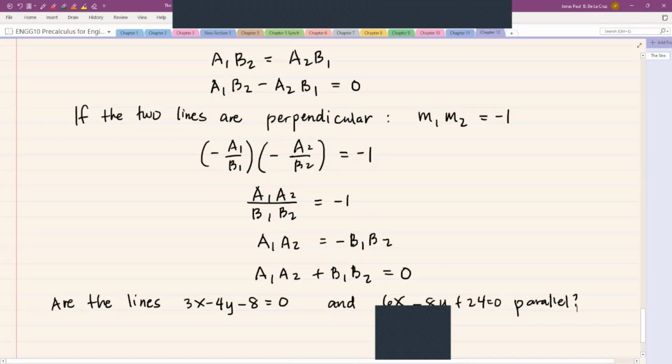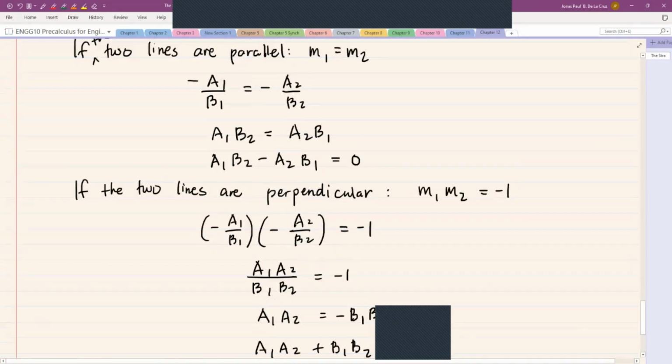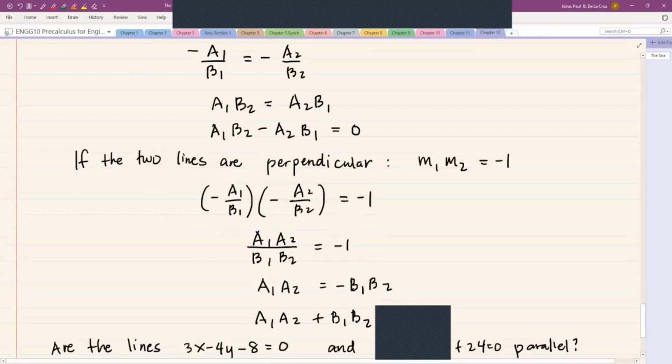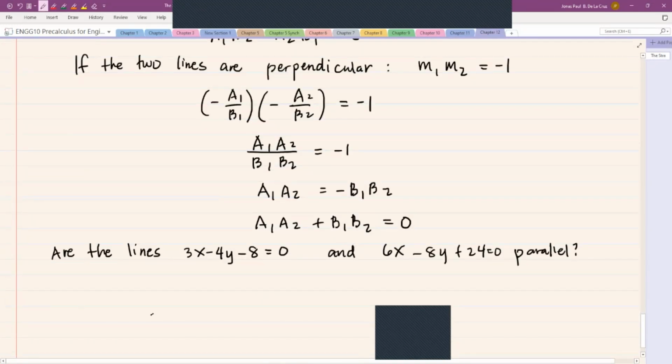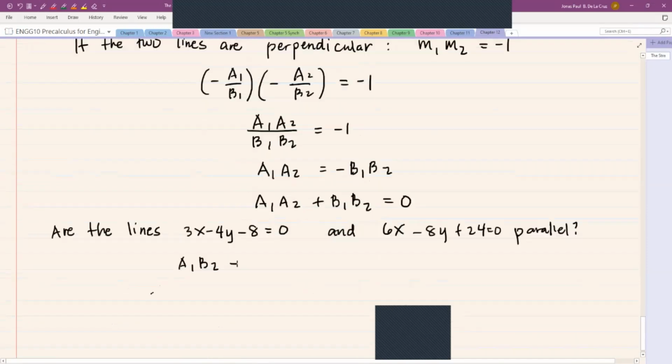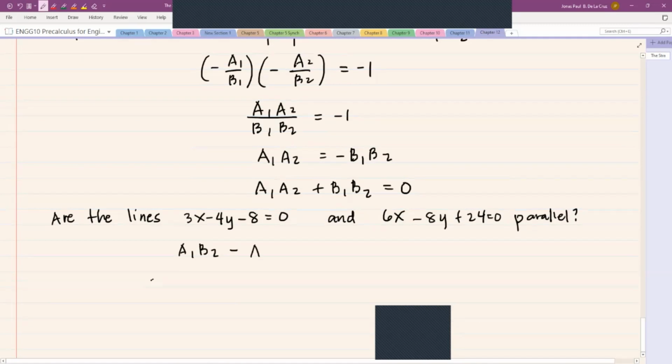A1B2 minus A2B1 should be equal to 0 for the lines to be parallel, di ba? So i-compute natin, A1B2 minus A2B1. Kung mag-0 ito, then they are parallel. Kapag hindi nag-0, then they are not parallel. A1 is 3. Ito, the x-coefficient, di ba, nung unang line. So that's 3. B2 is negative 8. Minus A2 is 6. B1 is negative 4.